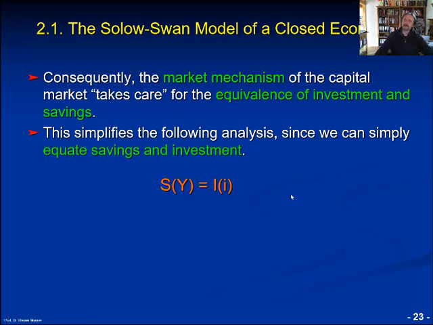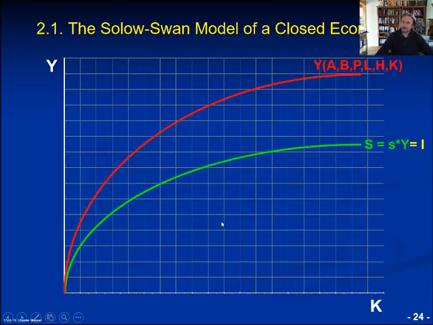Now we can take this knowledge and use it in our Solow-Swan diagram. We have already seen that here the green line represents savings supply. Now we have learned that the capital market makes sure that savings always equal investment demand.